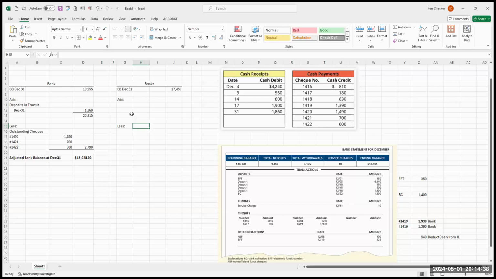First thing that we can see on December 1st, there's an EFT deposit of $350, which I don't see as a deposit in my cash receipts journal. Second thing I can see was on December 22nd, there's something called BC. We're going to find out what that is. That's for $1,400. Those two amounts are not in my cash receipts, so I have to add them to my cash.